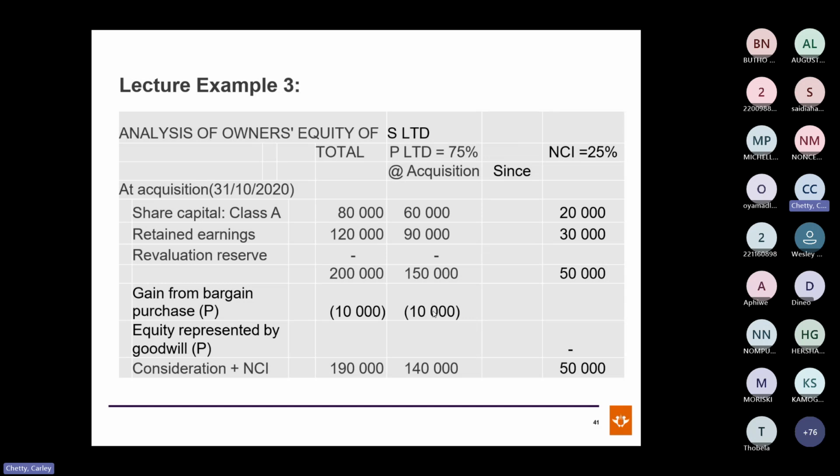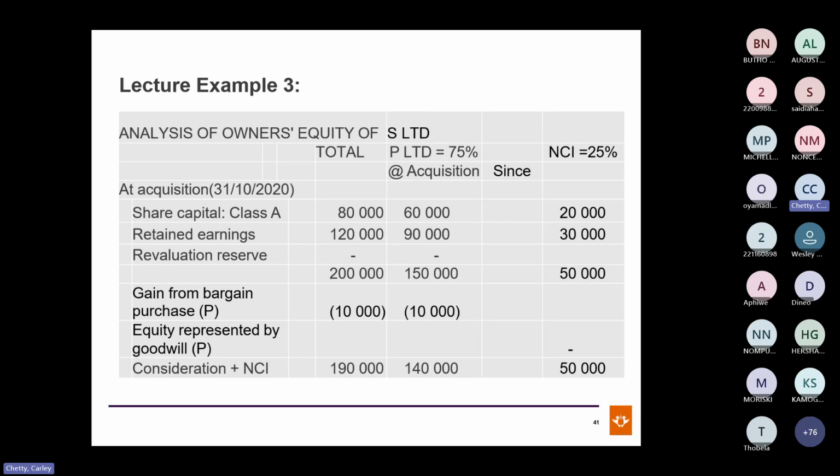And remember, the gain on bargain purchase is an income in the statement of profit and loss. Okay, so remember we said goodwill is an asset, and this is only shown in the consolidated financial statements. It is the same with gain on bargain purchase.